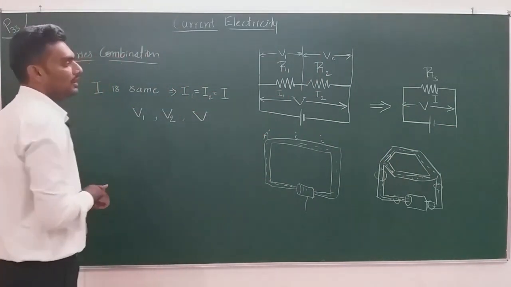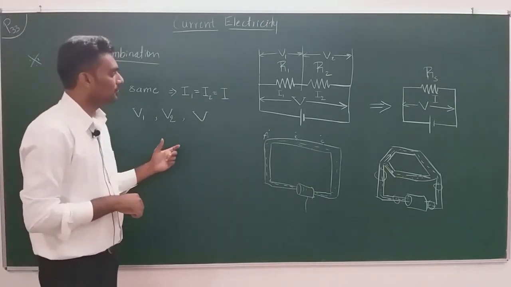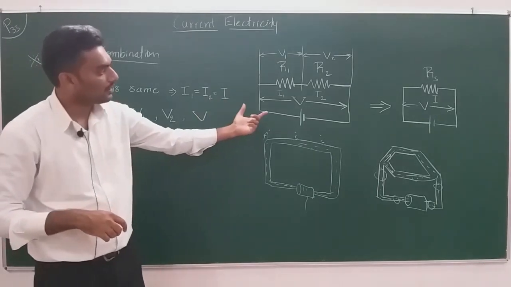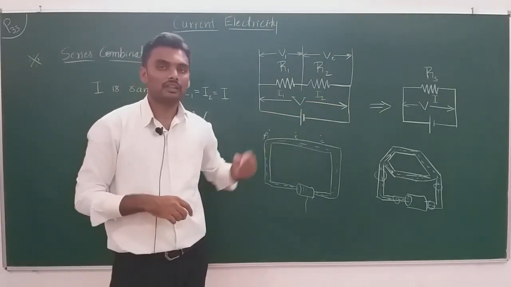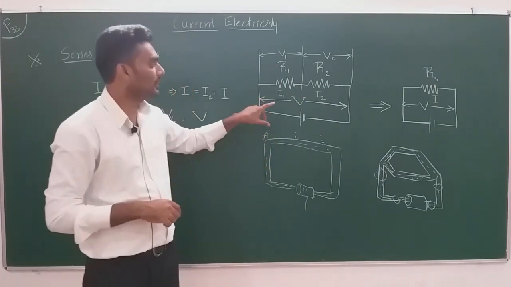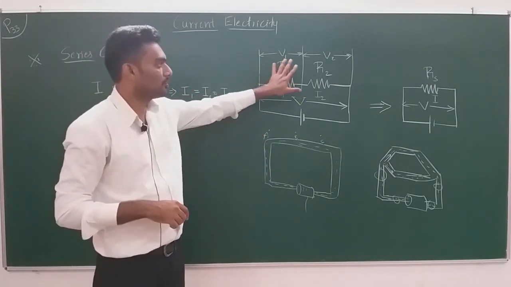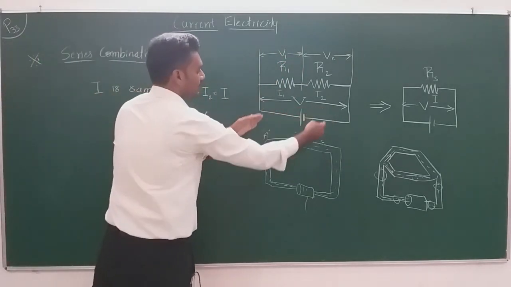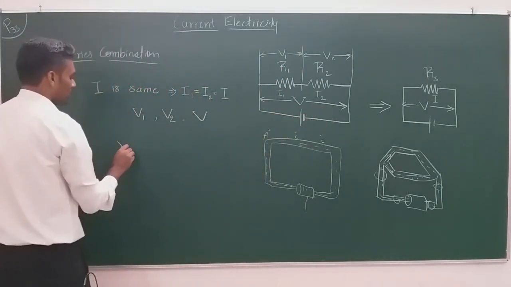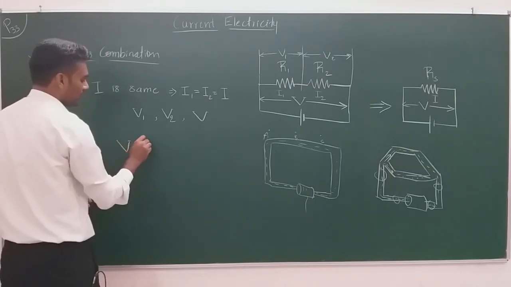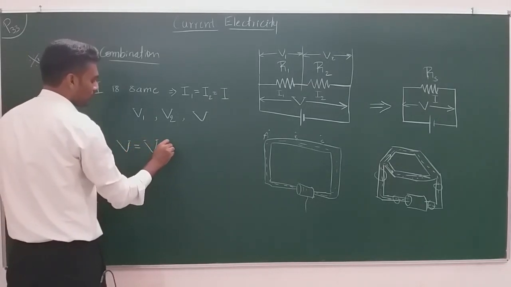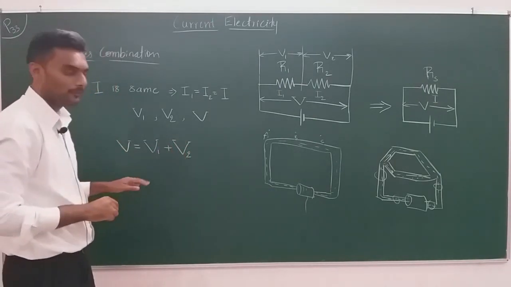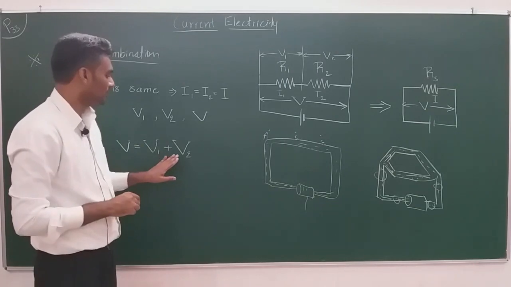Now, which is the term which connects this combination with the equivalent circuit? The term is voltage itself, the potential difference. So from this we can say that the total potential difference V is equal to V1 plus V2.